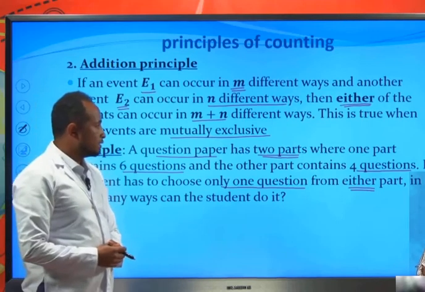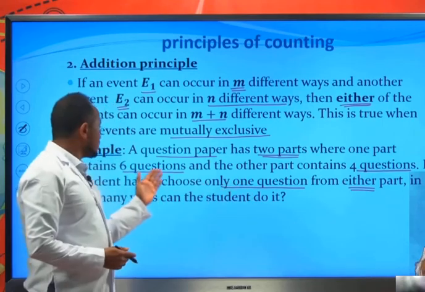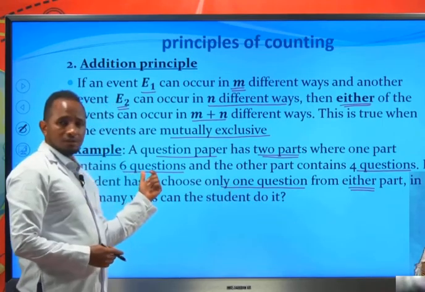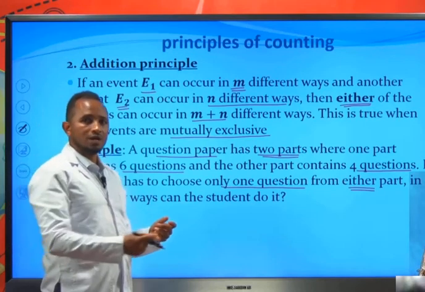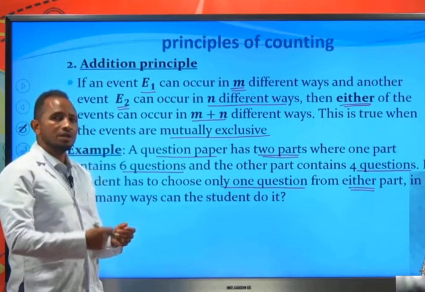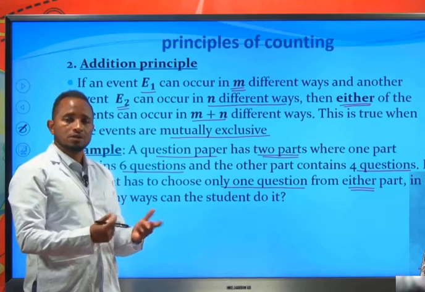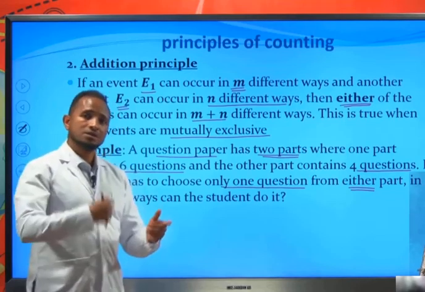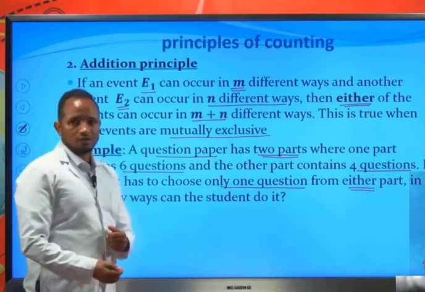Okay, here we have 2 events. From part 1, he selects one question. In how many different ways can he select? In 6 different ways. Either he selects the first question, second, third, fourth, fifth or sixth. Therefore, he has 6 different ways of selection for the first part.